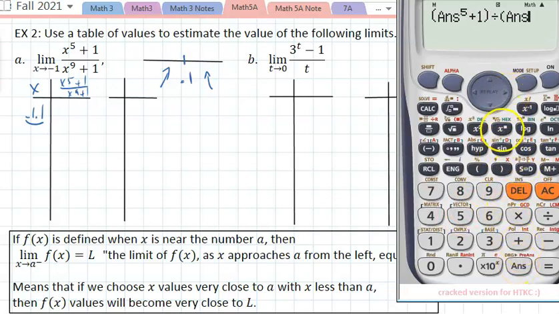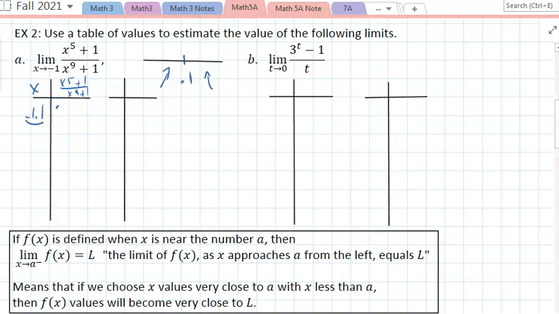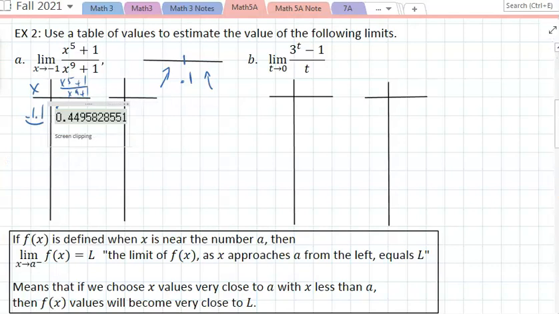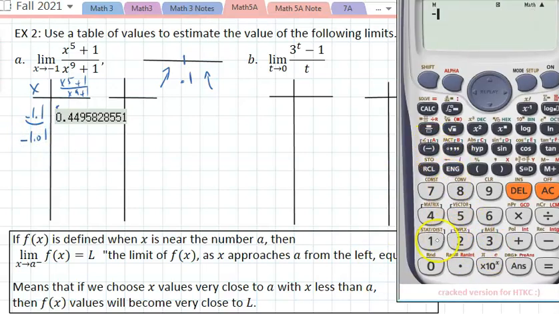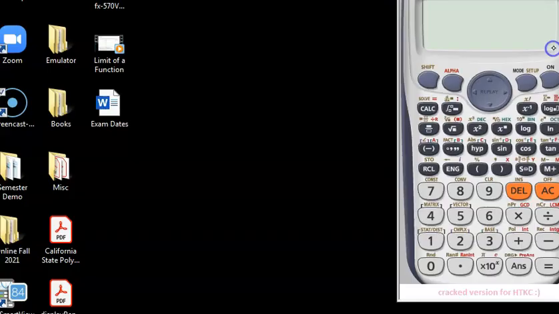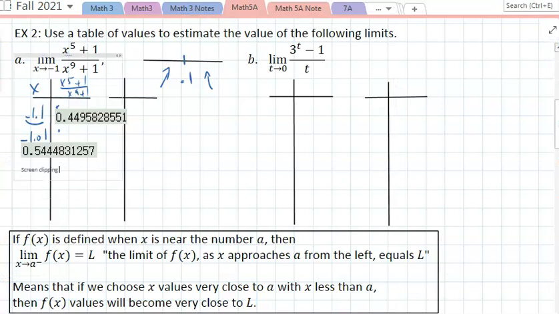If I take the answer raised to the 9th, and if I take -1.01, so one value is always useless.